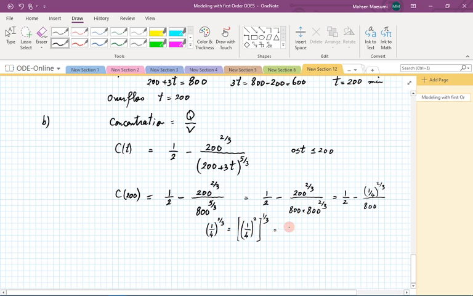So square of that becomes 1/16. Now I have to take the cube root of that. Well, how do you take the cube root of that? I write this as 8 times 2 just to simplify. Now cube root of 8 comes out, so that's just 1/2, and then cube root of 2 is what is left.